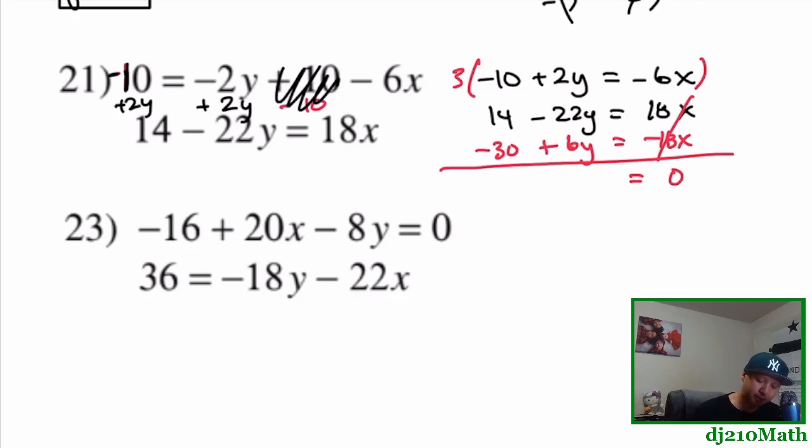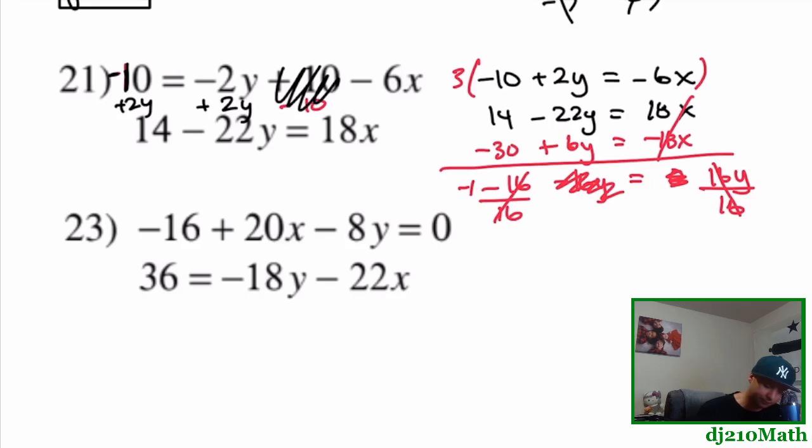This is going to be negative 16y and negative 16. Oh, this is nice. So when I add 16 to both sides, it's going to be 16y. So then I divide both sides by 16. Cancels. I get y is equal to negative 1.